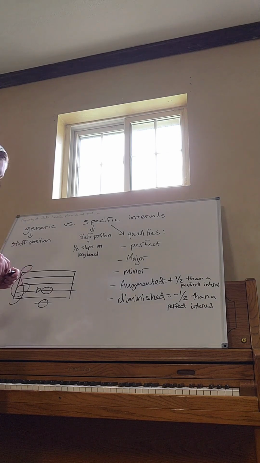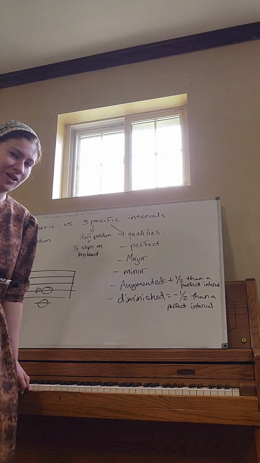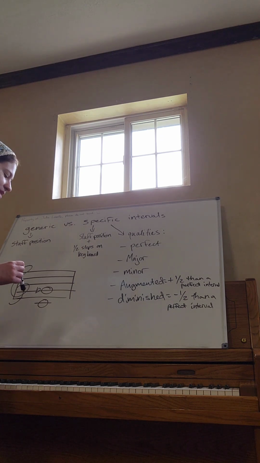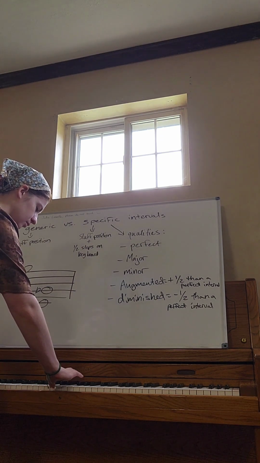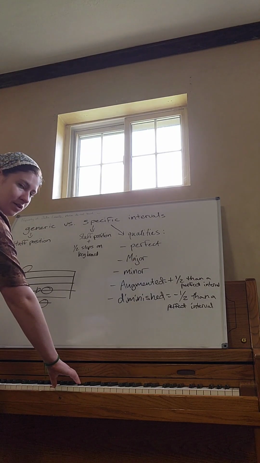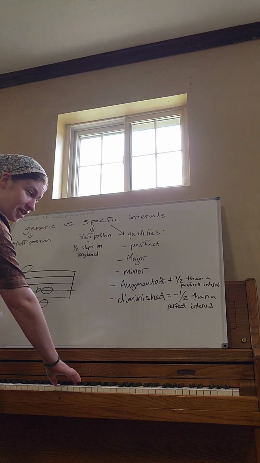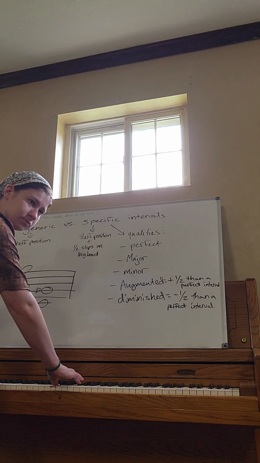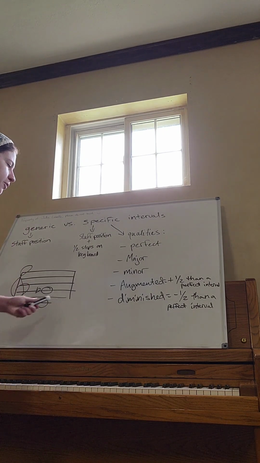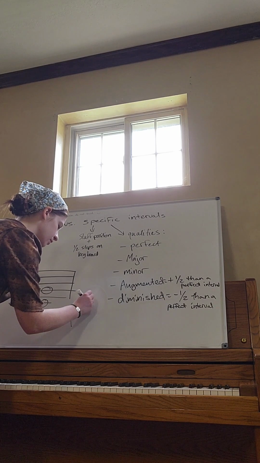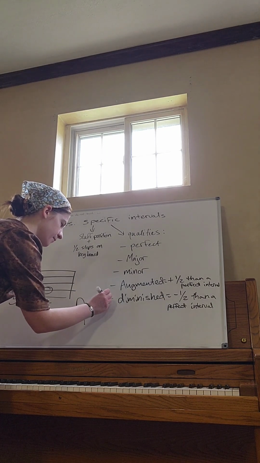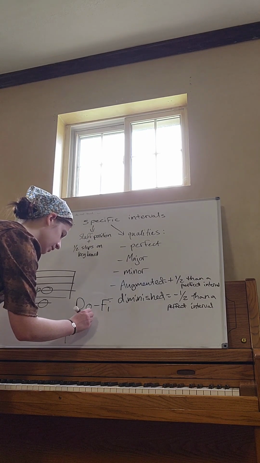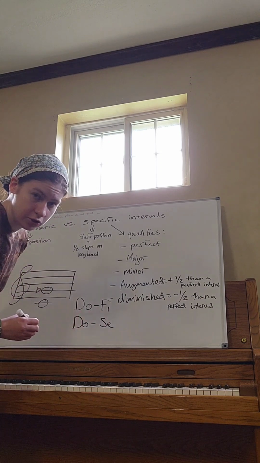Now something to pay mind to, and if you've got a good ear, you probably noticed it just now: an augmented fourth is the exact same in this context as a diminished fifth. So augmented fourth, that's do to fi, not do to fa, and a diminished fifth is do to se, not do to sol.